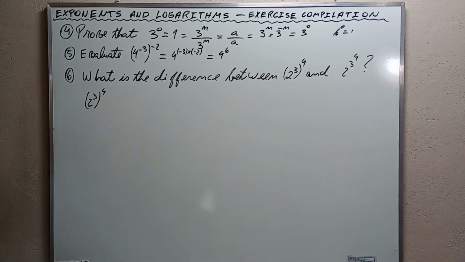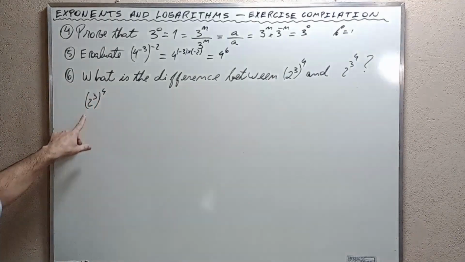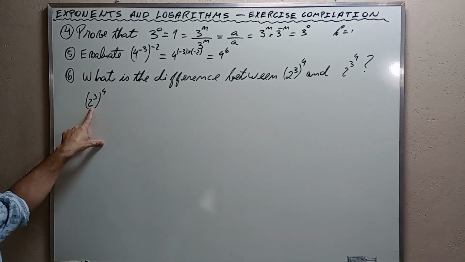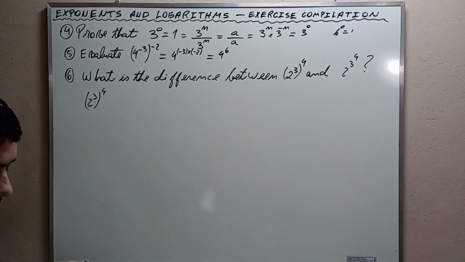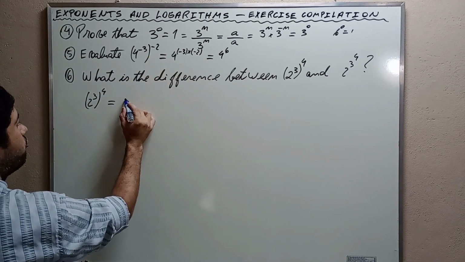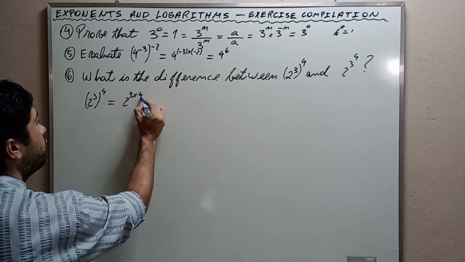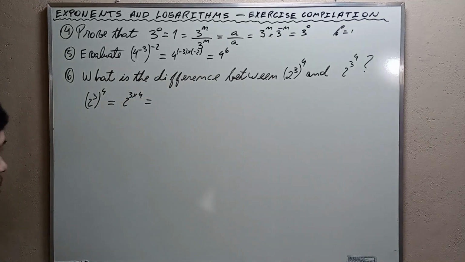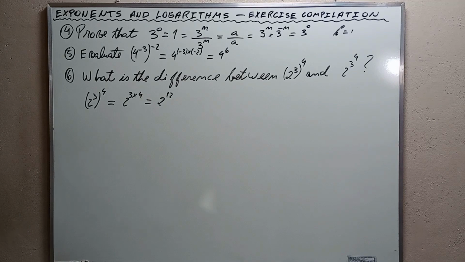you observe that the parentheses say that the entire number inside of the parentheses is being raised to the 4th power. Then what we need to do is to do what we did here. We multiply. It is 2 raised to the power of 3 times 4, and this is equal to the 12th power.